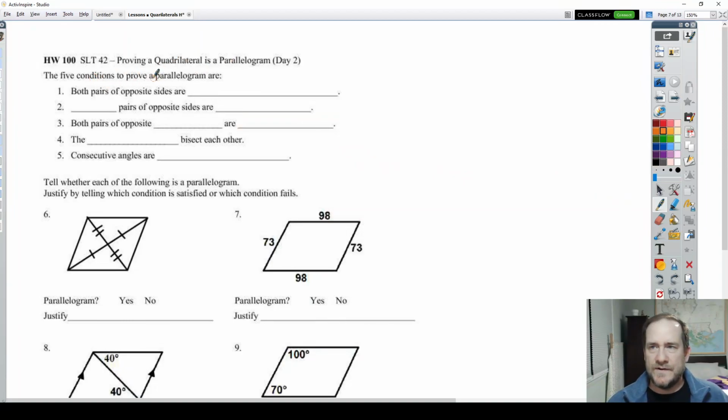It says the 5 conditions to prove that a figure is a parallelogram are that both pairs of opposite sides have to be parallel, both pairs of opposite sides are congruent, both pairs of opposite angles are congruent, the diagonals bisect each other, and consecutive angles are supplementary.